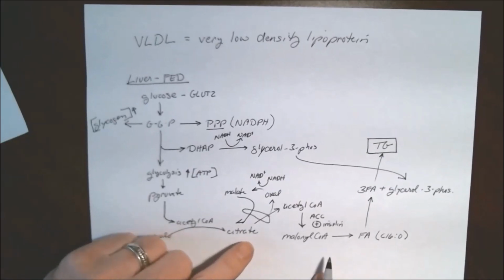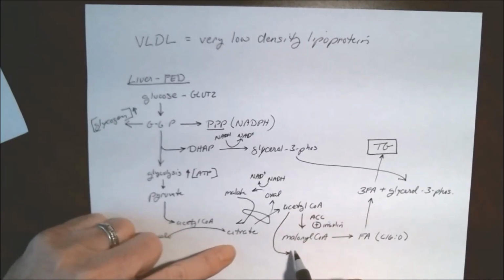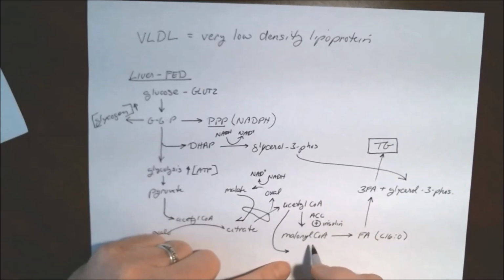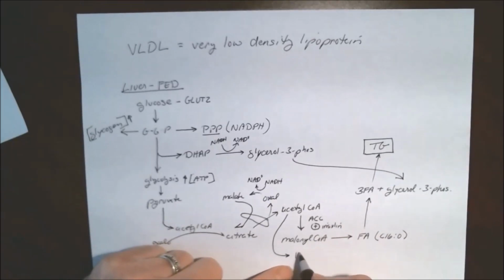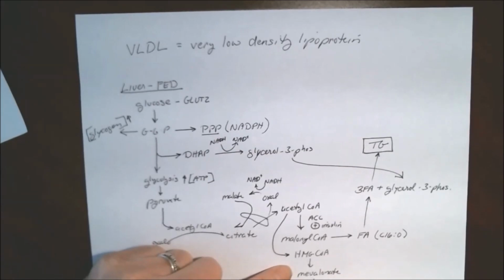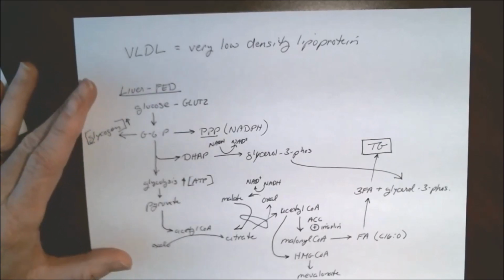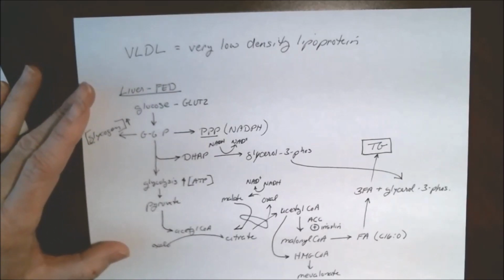The other substrate is going to come from cholesterol synthesis. Remember our acetyl-CoA? We will combine in a couple of reactions to form our HMG-CoA, which will form our mevalonate and onto cholesterol synthesis. All of this will happen as long as we have sufficient amounts of glucose coming in the fed state.